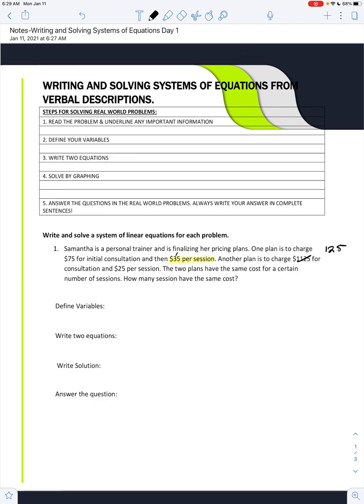So we're going to make a note that 35 is the slope. So that means x comes right after the slope, right? mx, right? So x is equal to number of sessions. And note she's a personal trainer, so our outcome, y, is going to be the total cost.